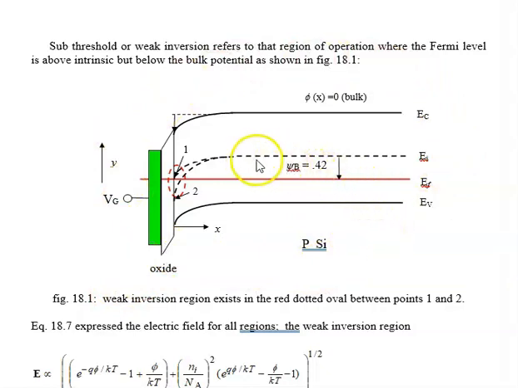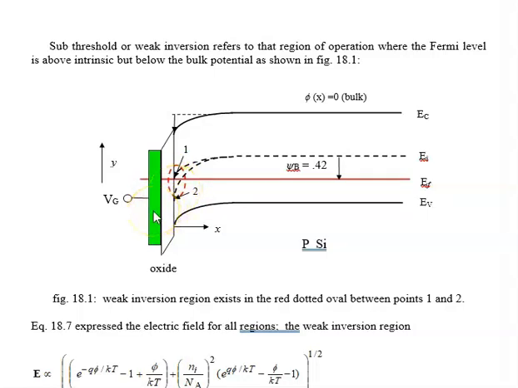It involves that point where the intrinsic and the Fermi level just cross, that's point 1, to where the intrinsic level goes down below the Fermi level as much as it was above the Fermi level in the bulk. So in this particular case, we have a doping of 10 to the 17th, and this distance right here would also be 0.42 electron volts.